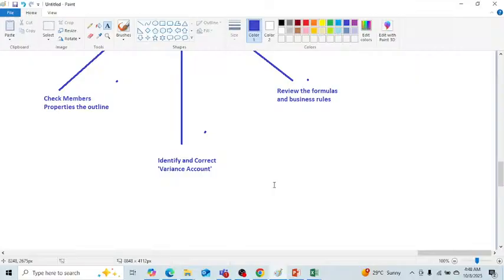P&L parents: the parent account, for example Gross Profit or Operating Income, is what determines the final sign. If Total Revenue is being summed into a higher-level parent that expects an expense, the parent might have a formula like Gross Profit equals Total Revenue minus Cost of Goods Sold. So the major thing is that if your Total Revenue member is somehow defined as a negative value or a variance account higher up in the hierarchy, it can cause issues.